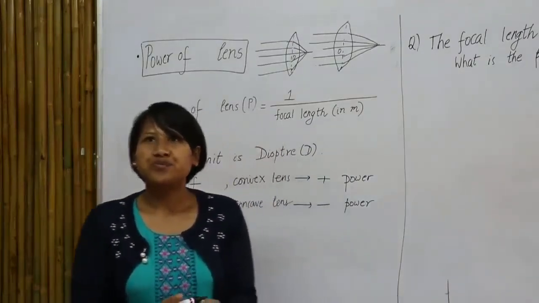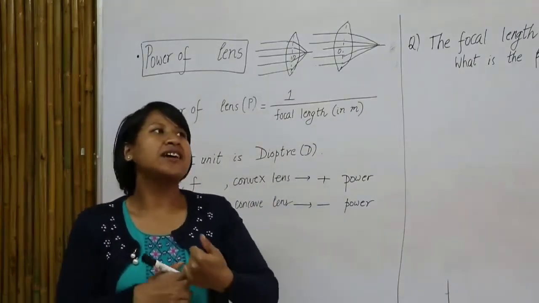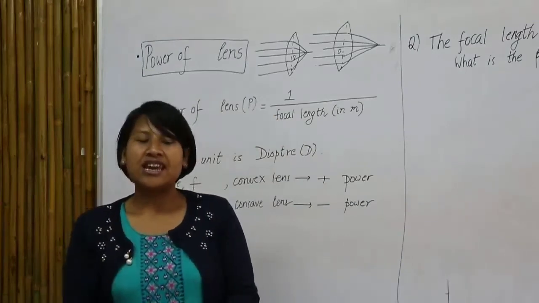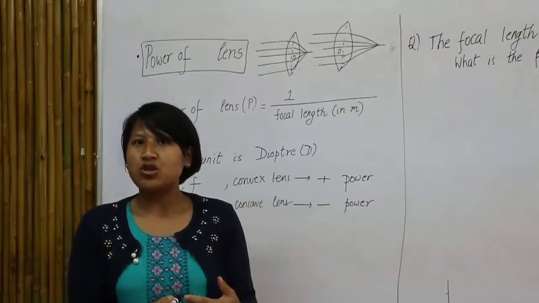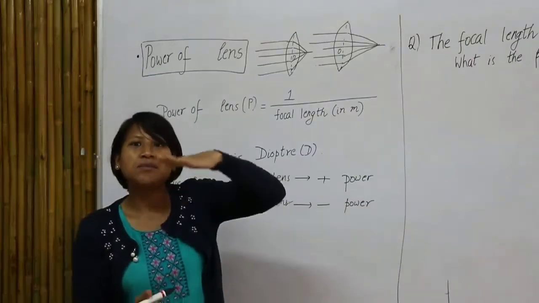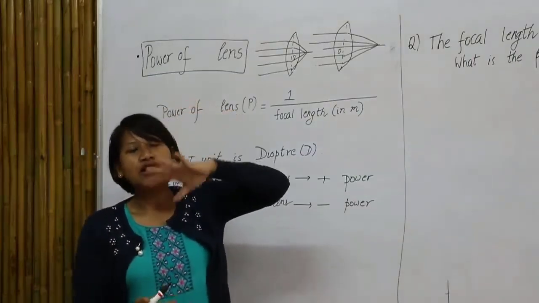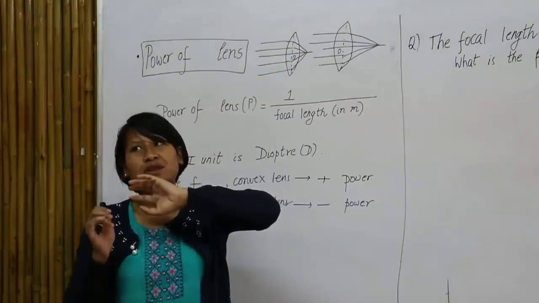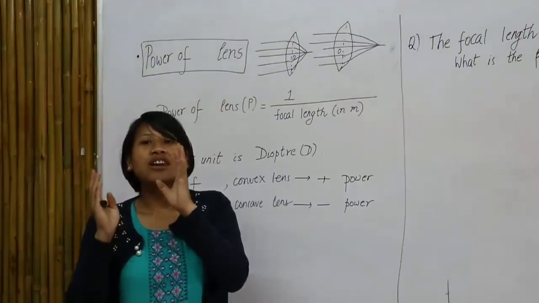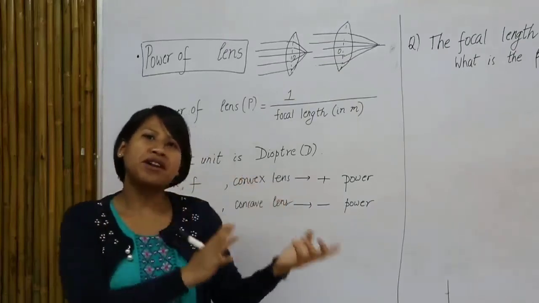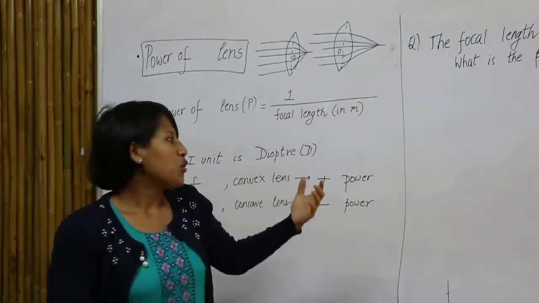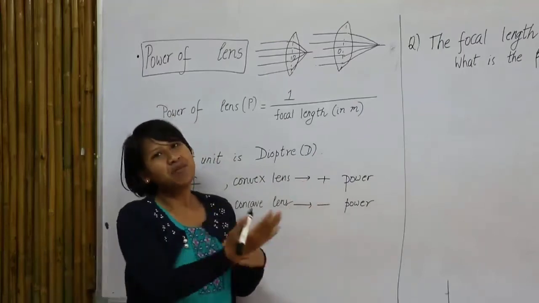However, optical instruments like cameras, microscopes and telescopes use multiple lenses. Why do they use multiple lenses? It's because they want to get a very sharp image and also to avoid many defects, using different lenses of different power.